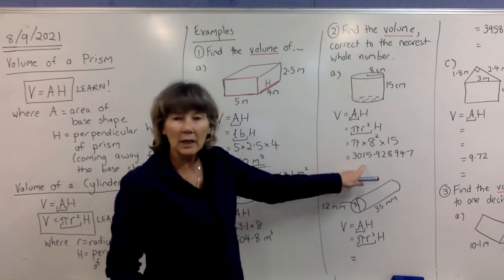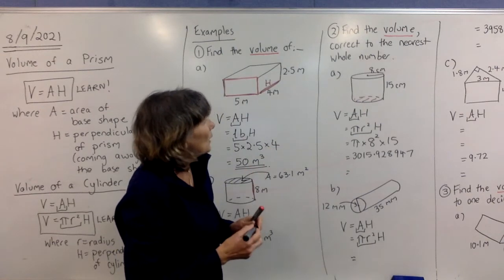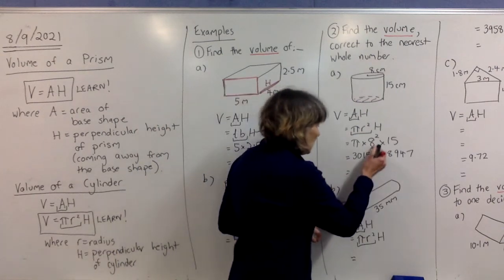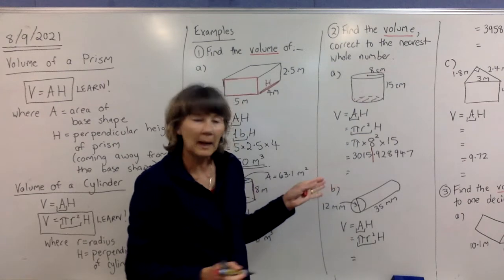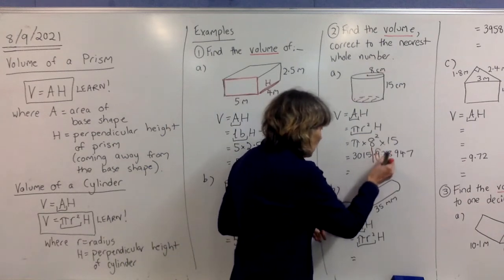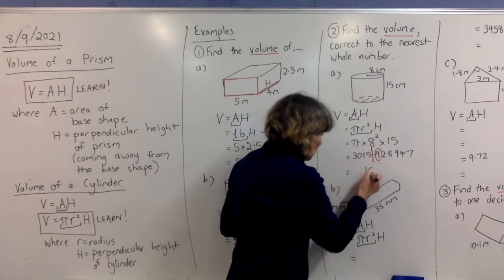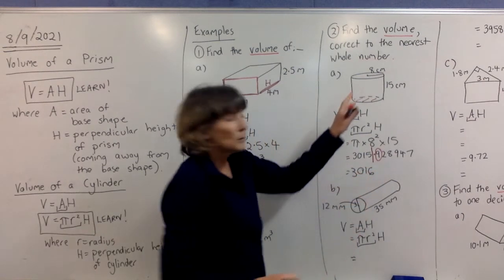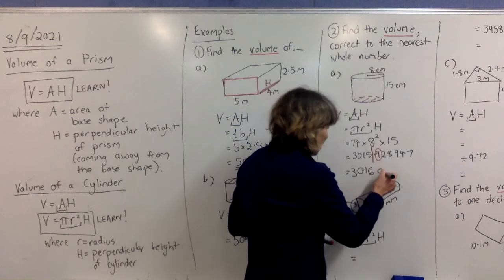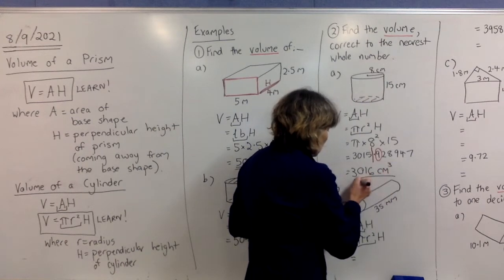If we put it in the calculator, we're going to get that decimal, but we're rounding to the nearest whole number here. So that's where your whole number part ends. Because of the 9, we're going to go up by 1 in front of that to a 6. And then we write on the end centimetres and cubed.